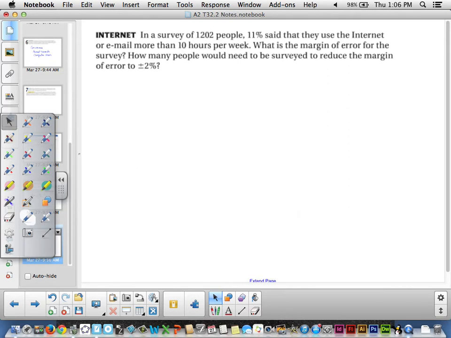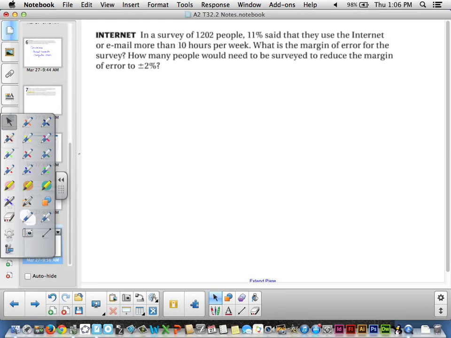Final question. In a survey of 1,202 people, 11% said they use the internet or email more than 10 hours per week. What is the margin of error for the survey, and how many people would you need to survey to reduce the margin of error to plus or minus 2%?